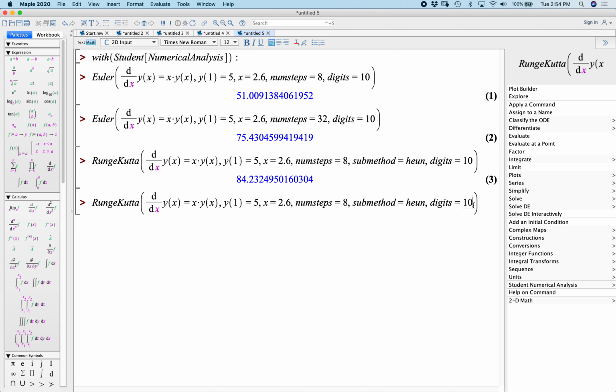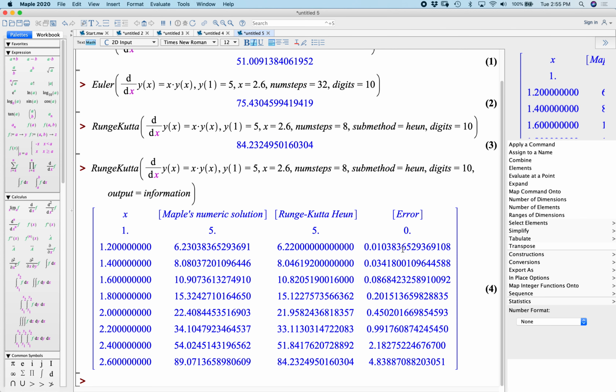And again, just including output equal to information. All right, so this is the numeric solution according to Maple. Here's the Runge-Kutta. Still closer.